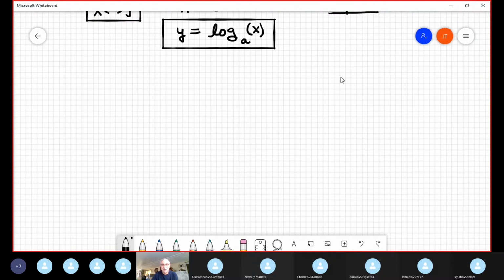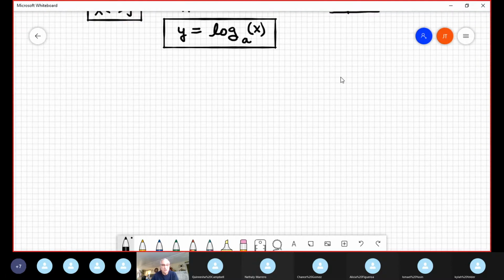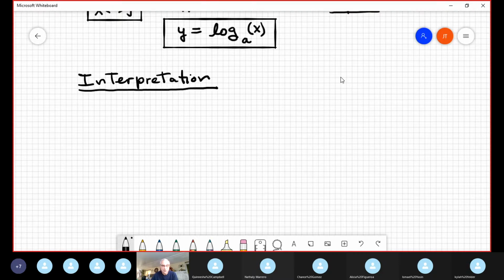So now let's move on to the interpretation. Pay attention now. What does the logarithmic function mean? Suppose we have two different kinds of statement. Suppose an exponential statement.